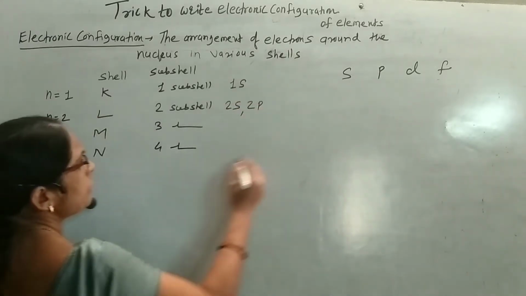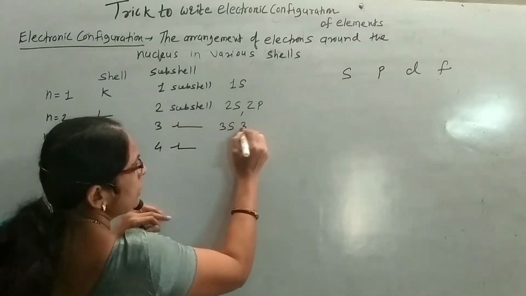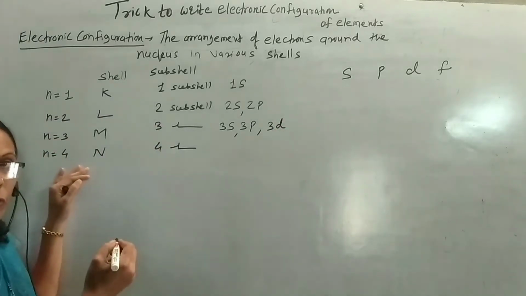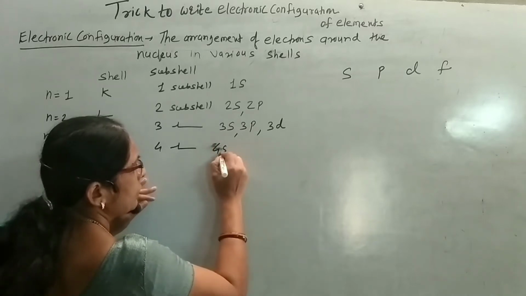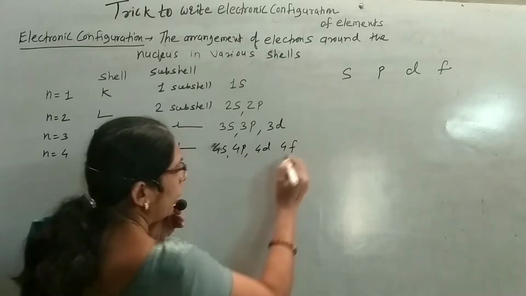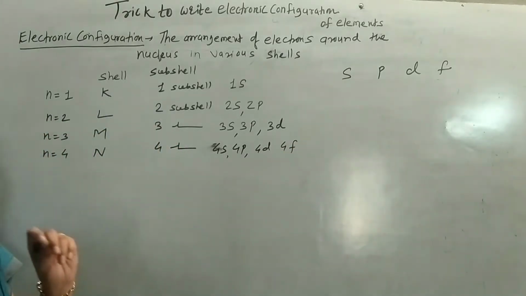For the third, the subshells are 3S, 3P and 3D. And for the fourth, the subshells are 4S, 4P, 4D and 4F.